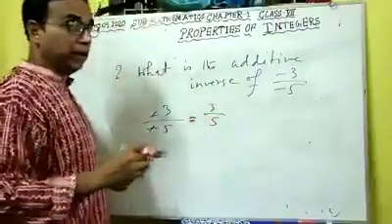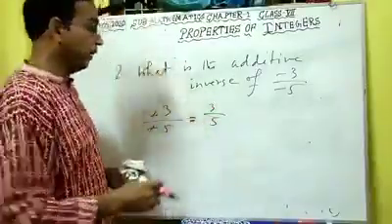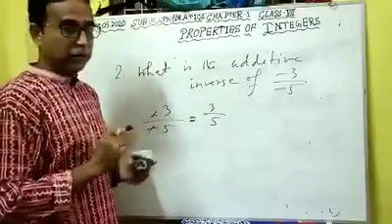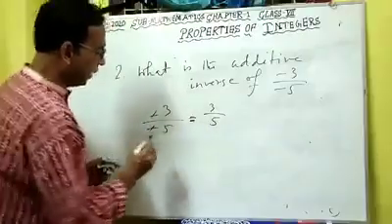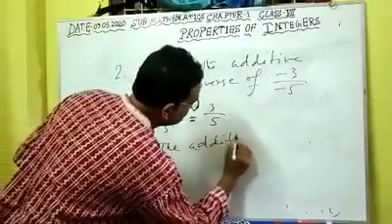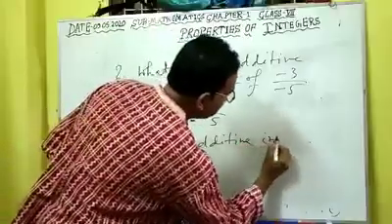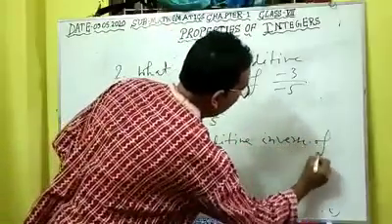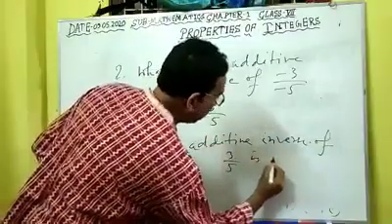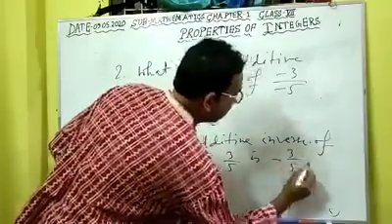Now, you have to find the additive inverse of 3 by 5. So, the additive inverse of 3 by 5 is -3 by 5.